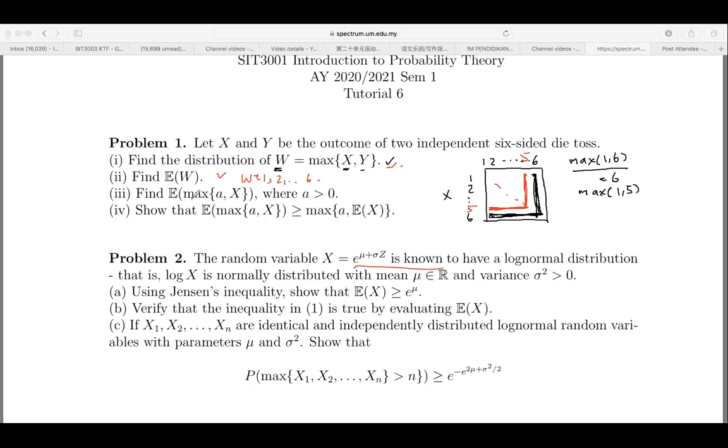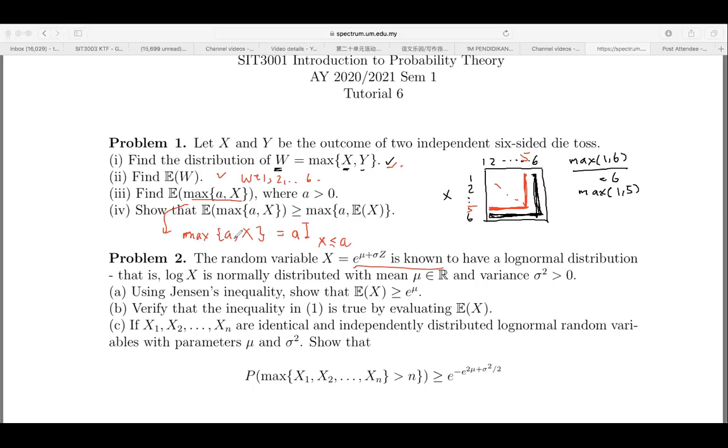Now your expectation of max of this. If you know how to represent it with an indicator function, this will also be easy. So this will be equal to A if your X is less than or equal to A, right?